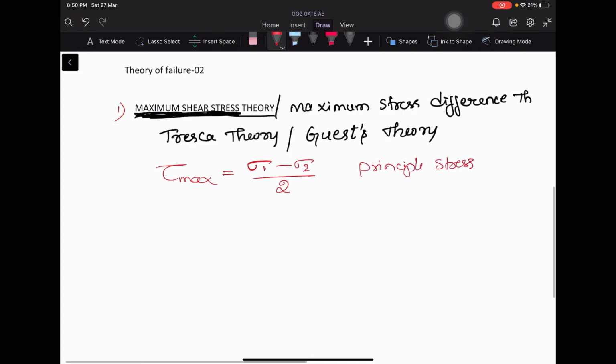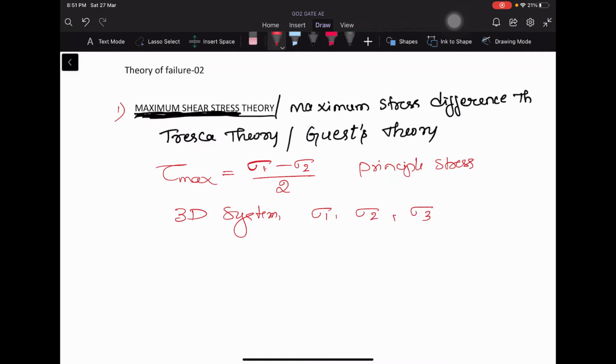Okay, so for a three-dimensional system, you will have all the three normal stresses and your shear stresses, so the corresponding principal stresses will be sigma 1, sigma 2, and sigma 3.